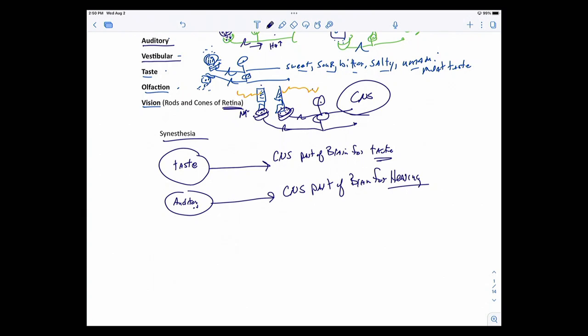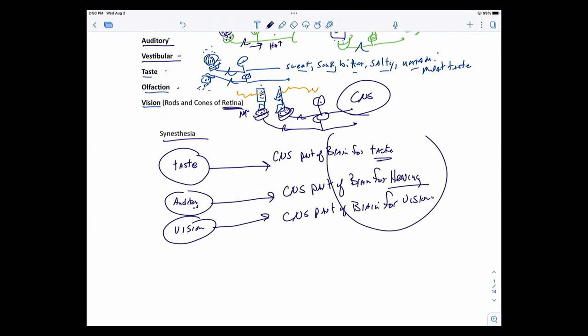And the last one would be vision. Vision, again, is going to go to the CNS, and then part of the brain for vision. So for us to have conscious perception of taste, auditory or vision, you've got to stimulate that part of the brain. If you stimulate that part of the brain, you're going to have the subjective experience.